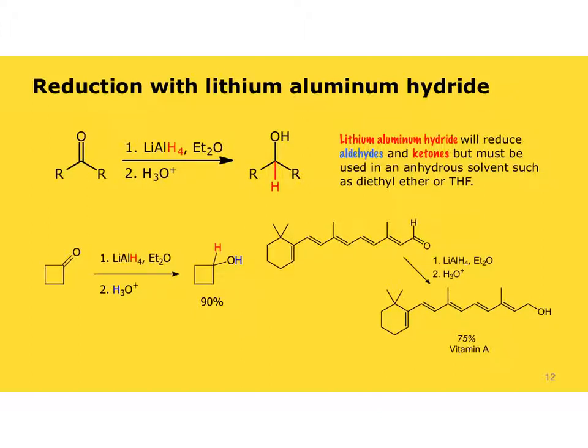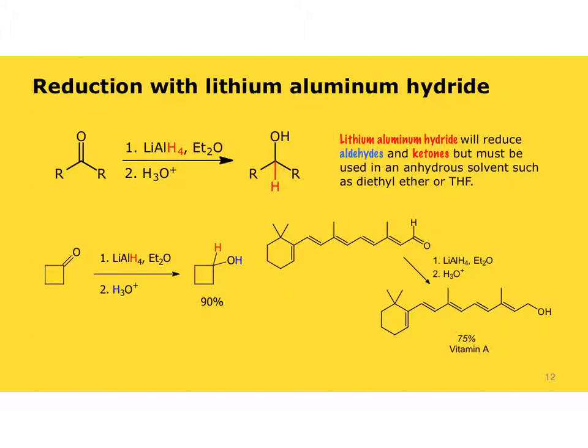The other issue is that lithium aluminum hydride is not compatible with water, or alcohols for that matter. So there's an issue with these two that I'll get to on the next slide, and I'll kind of explain why you have to handle lithium aluminum hydride the way that you would handle an organometallic reagent because of the way that it reacts.